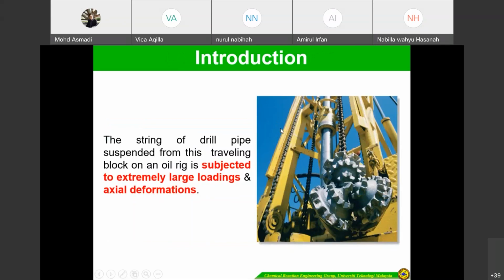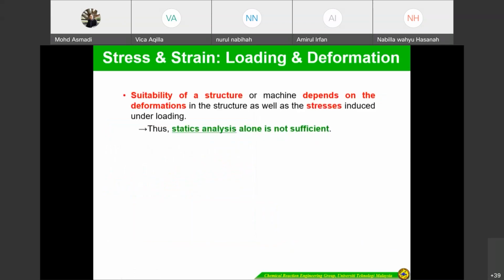Knowledge of statics is not sufficient. The suitability of a structure or machine depends on the deformation in the structure, as well as the stress induced under loading. As I told you, static analysis alone is not sufficient, so we need knowledge of the deformations.